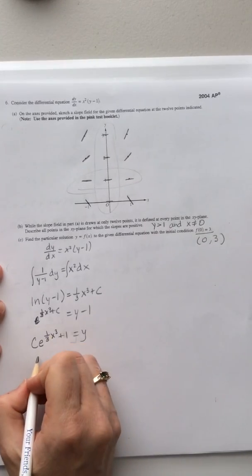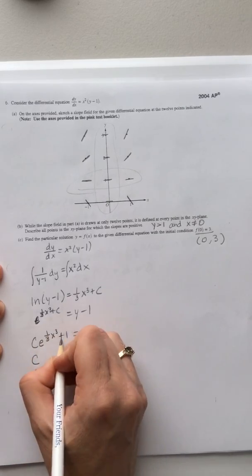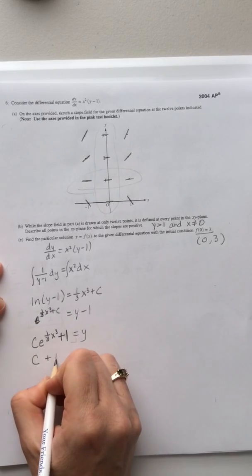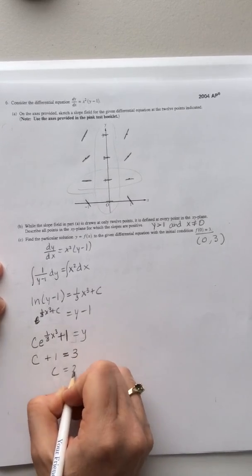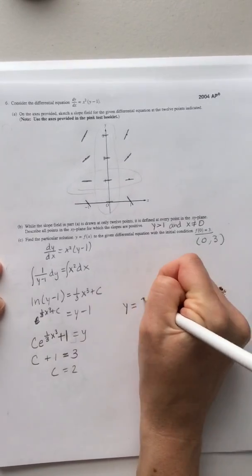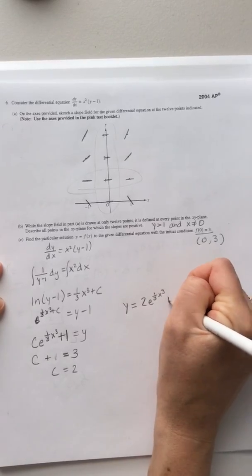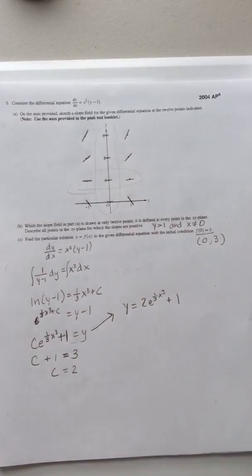So I'm going to plug my 0 in for x. e to the 0 is 1, so this just becomes c. And y is 3, so c ends up equaling 2, which means our particular solution is 2e to the 1/3 x cubed plus 1, using this point here and plugging in our c value.